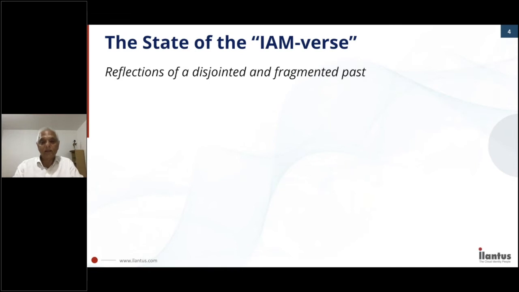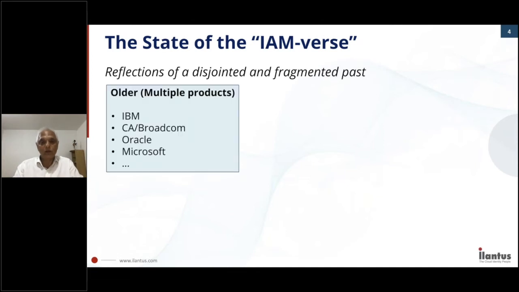The technology evolved over a period of time, with access management in the beginning, and then identity administration followed by identity governance, which made things very, very complex for the users. And today, if you look at the IAM universe, it pretty much looks like this.